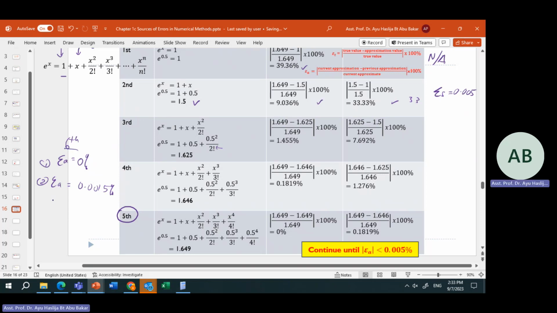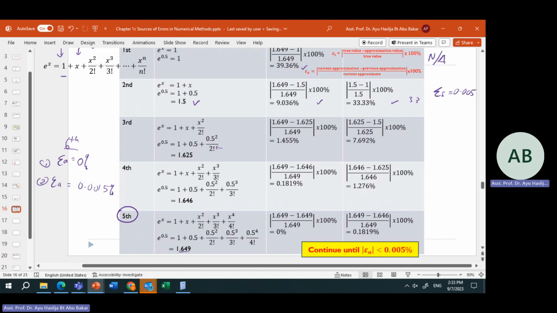So from here you can see the difference between the EA percentages. Why is this different? Because of the decimal point. Some of you at 6 still didn't get below 0.005. It's all due to the decimal point that you use. Alif, how many decimal points do you use? 3. If the rest use 4 decimal points, then you will get a different EA value.